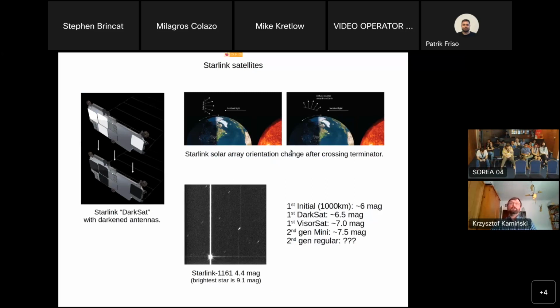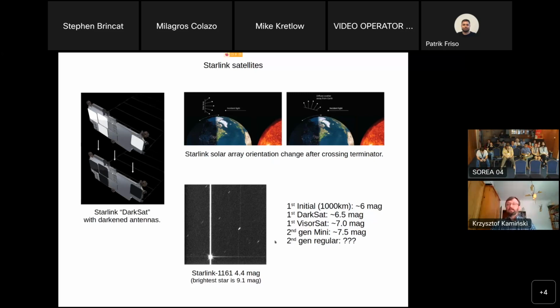Then some other measures were introduced, special materials, coating, different orientations of the satellite and its solar cells. And overall, we can see a slight decrease in the observed magnitudes compared to the initial batch of satellites.